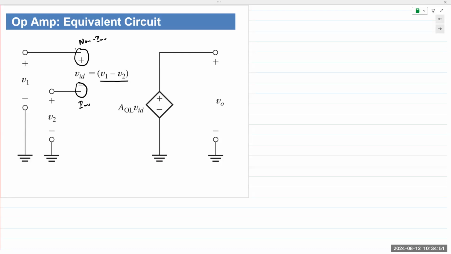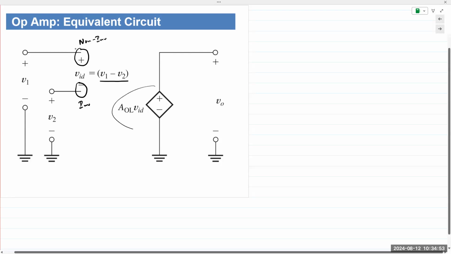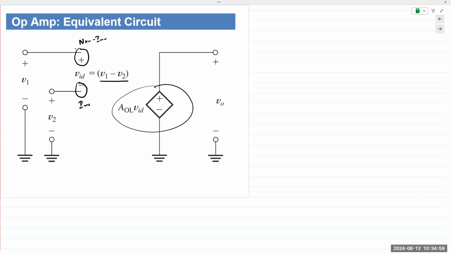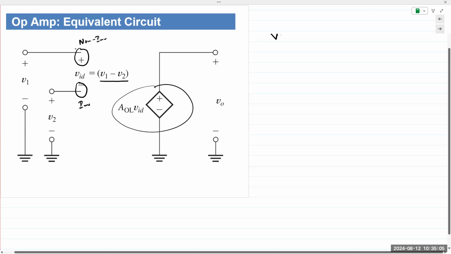And then the output side, we can model the output side as a voltage dependent voltage source. EE201, chapter 1. This is a voltage dependent voltage source.